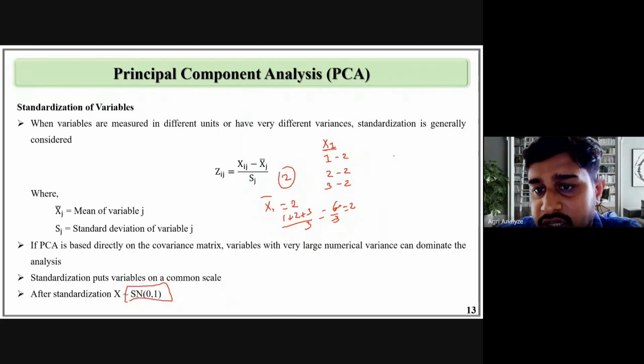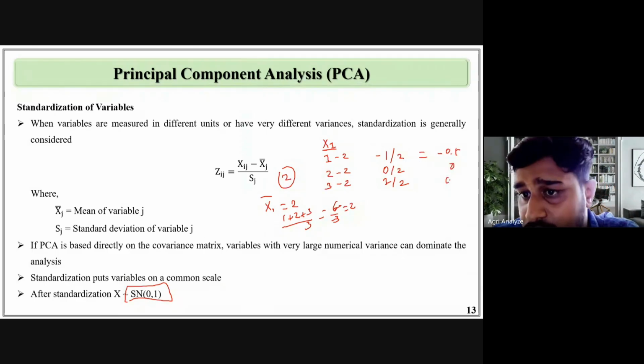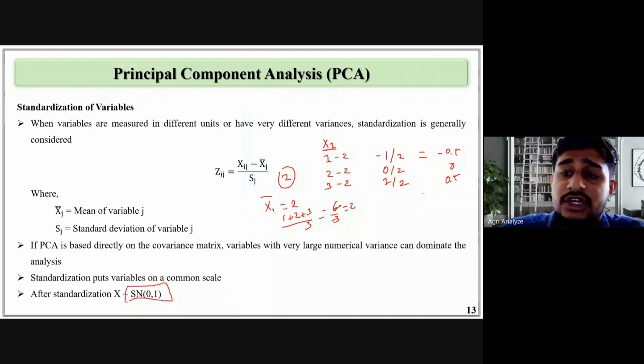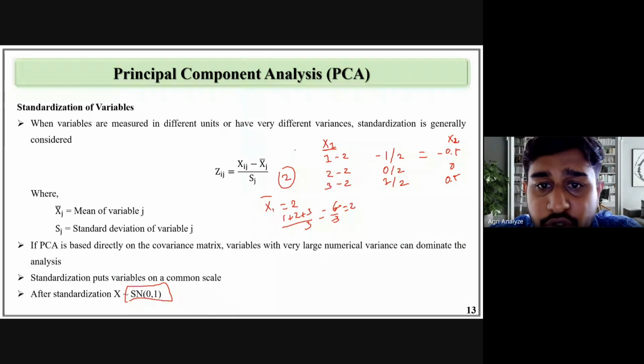So 1 minus 2 is -1, 2 minus 2 is 0, 3 minus 2 is 1. Then we divide by 2, so it is -0.5, 0, and 0.5. Now this is the new variable, our data standardized by using this formula.